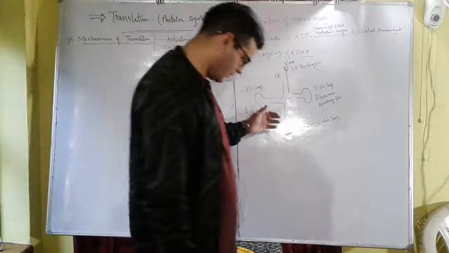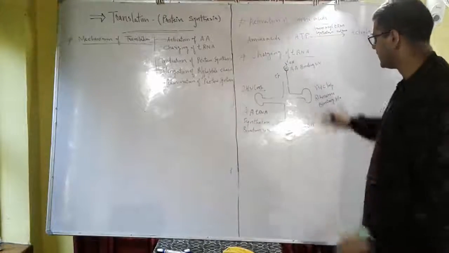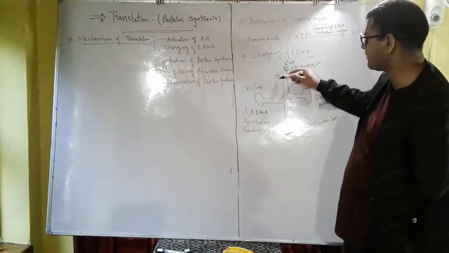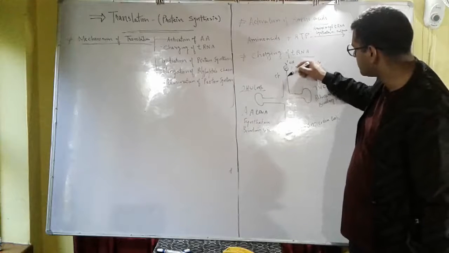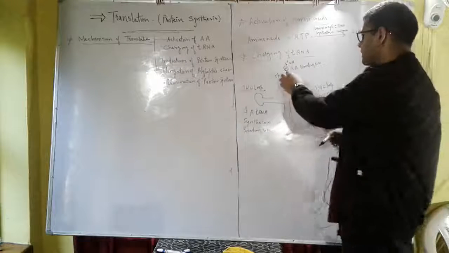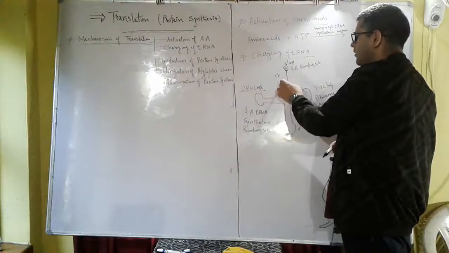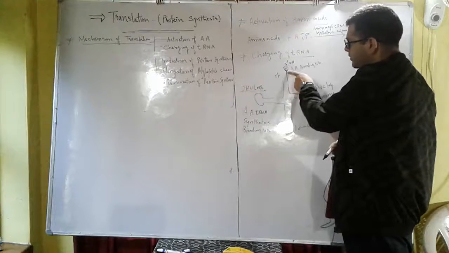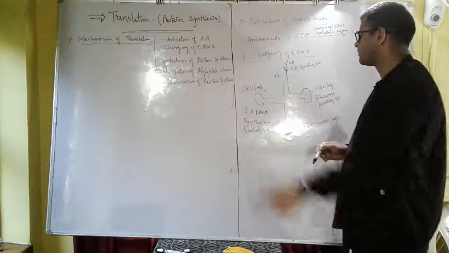In tRNA, this 3' hydroxyl end extends beyond the 5' phosphate end. So I have made this line a little bit stretched compared to this line, because in tRNA the 3' hydroxyl end is extended compared to the 5' phosphate end.